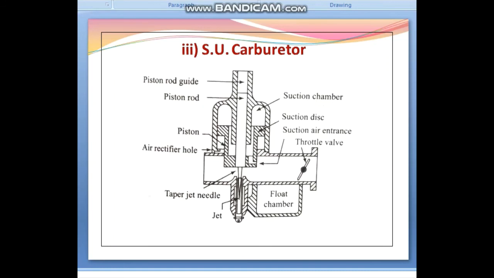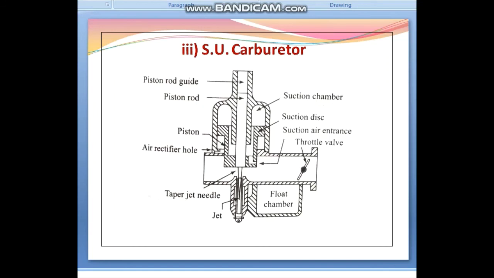The portion above the disc is called the suction chamber, which connects to the air passage by means of a slot provided in the piston. The main jet of the carburetor can be moved up and down along the taper needle by operating a lever from the dashboard. The movement is required to adjust the mixture strength throughout the operating range of the carburetor.